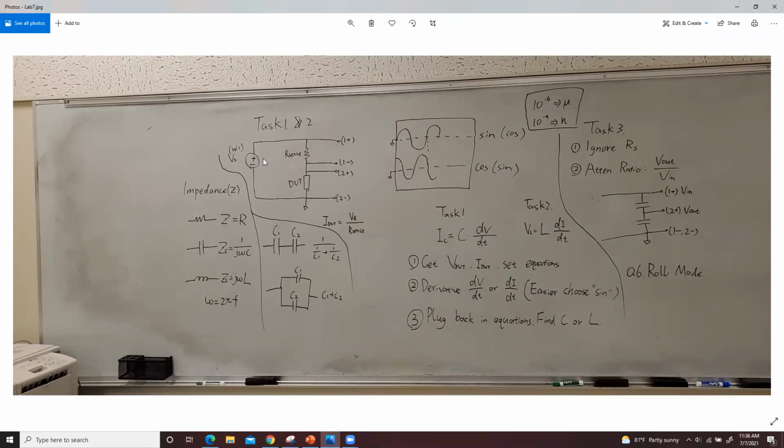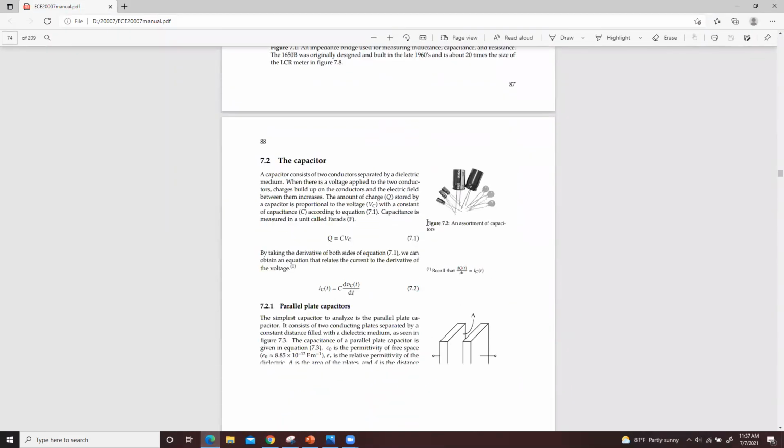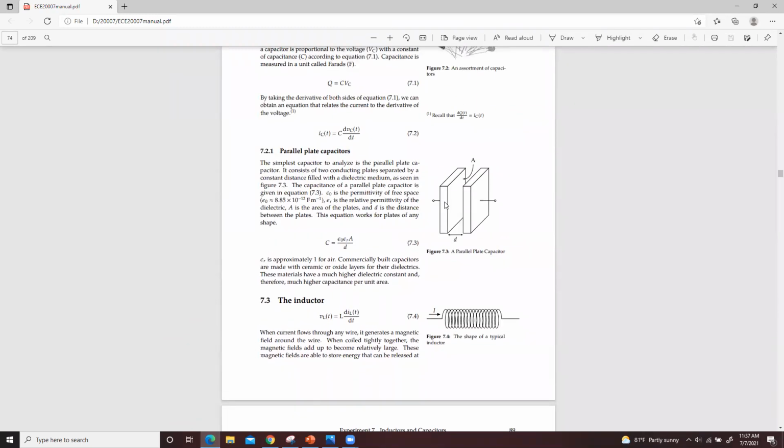When we deal with a capacitor and an inductor, we introduce something called impedance. Remember, when we have a capacitor and inductor, usually we deal with an AC signal. The reason is that with a DC signal, the capacitor will be like an open circuit, because a capacitor is just two metal plates that do not touch each other, so the current cannot go through.